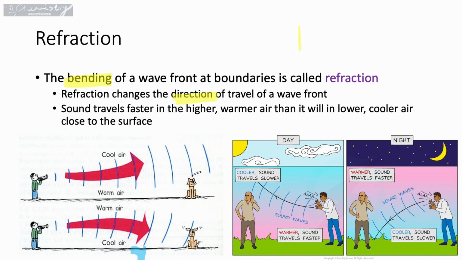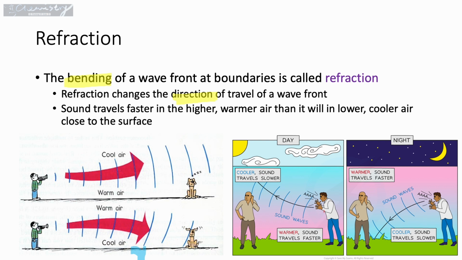One thing we can see over here is that we have day and night scenarios. During the day, the ground heats up faster, so it's going to be warmer at the floor, and the air is going to be cooler. Therefore, the sound wave is going to be faster in the warmer air than in the cooler air, so it's going to bend upwards.